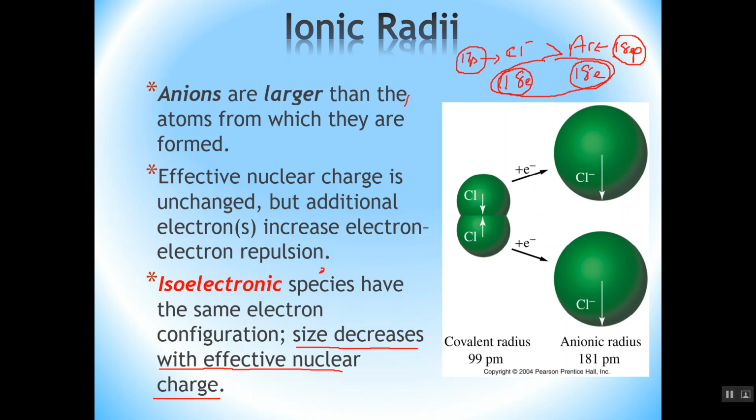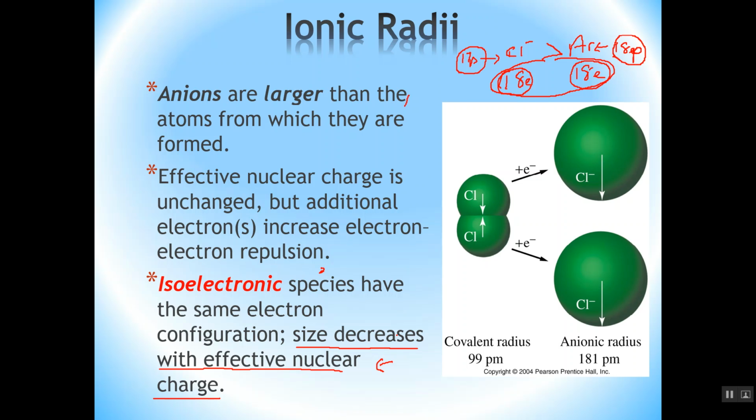So that's the point being made down here: if you have two or more species that are isoelectronic, the one with the smallest radius will be the one with the greater nuclear charge.